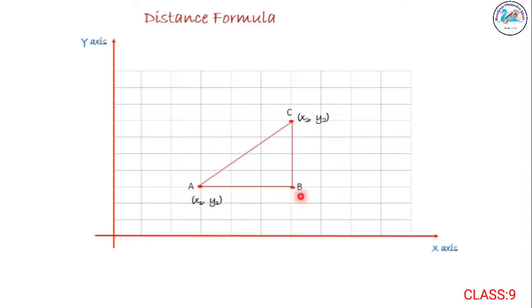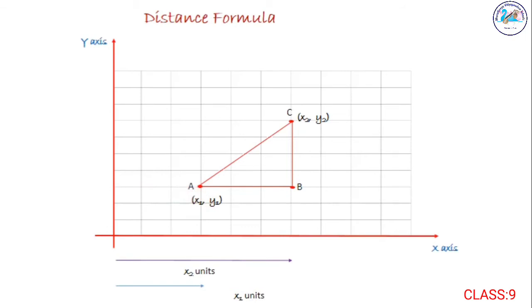And we need to calculate the coordinates of this B. How to calculate the coordinates of this B? Quite simple. As before, this distance, from the y-axis to B, is x2 units. Here this coordinate is x2 units, and from the y-axis to the point A, this distance, we will take as x1 units.